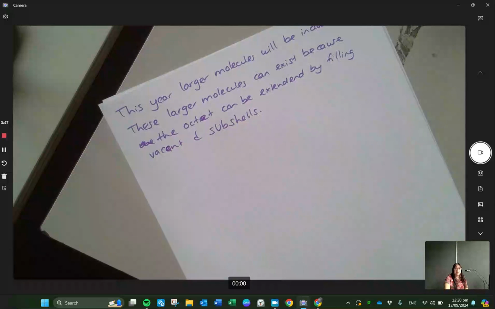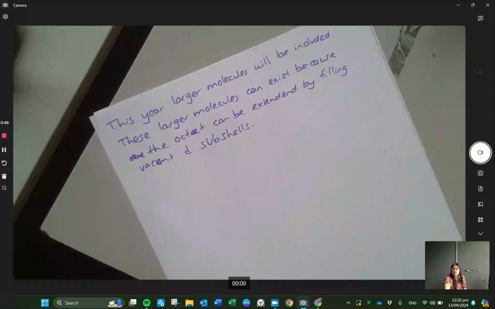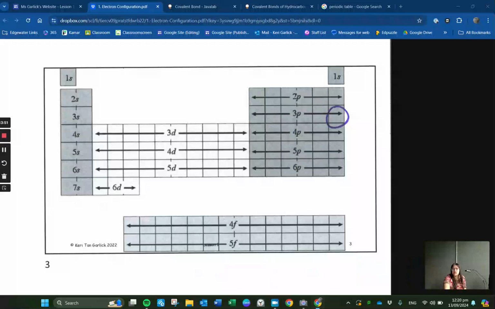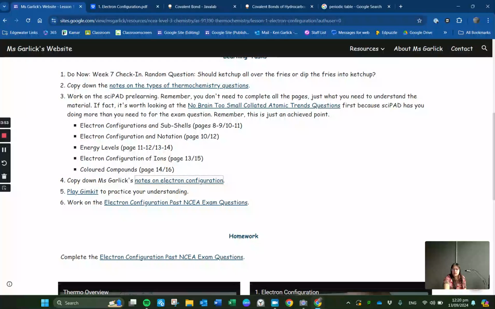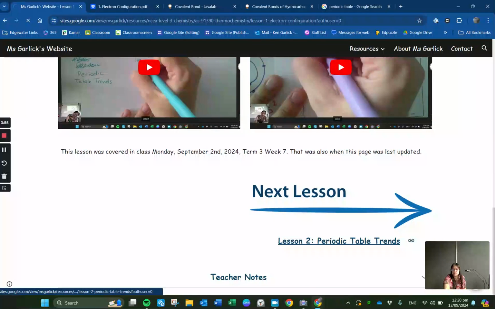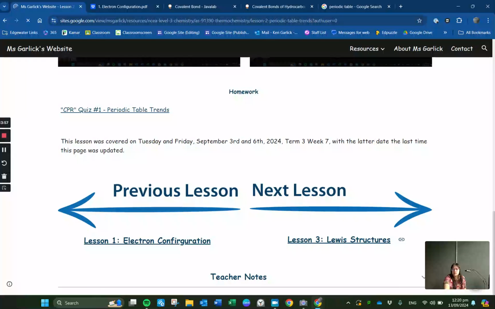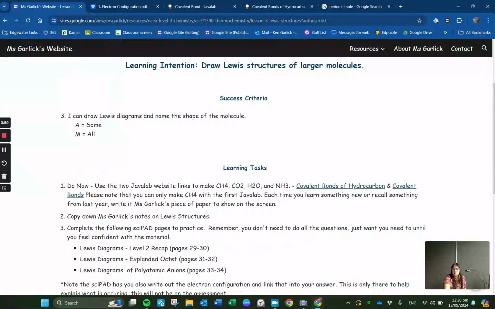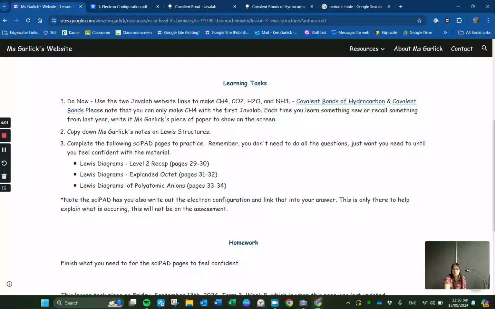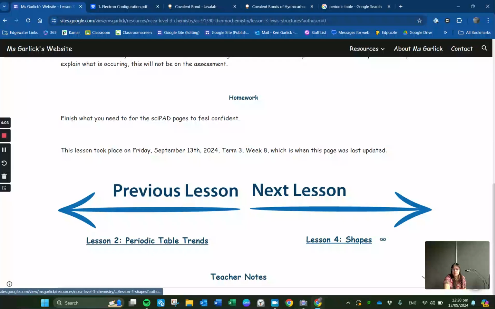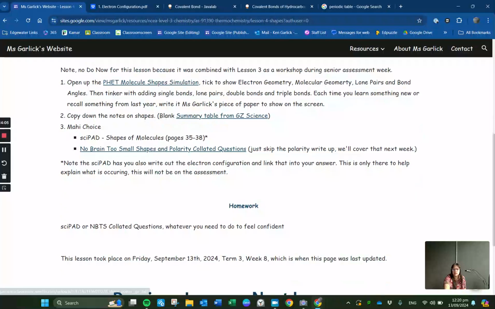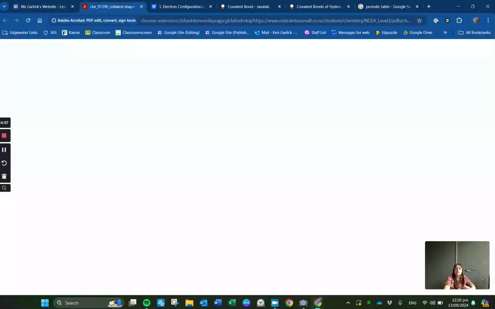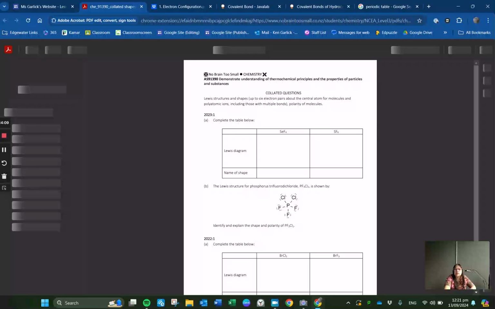Okay. Let me pull up some examples to do as practice just so you can see it. And then it's pretty straightforward from there. Let me find some exam questions. We should have you doing some Lewis structures. There we go.